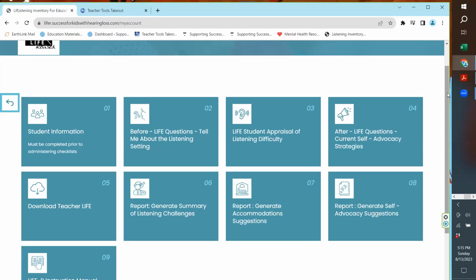I think that it is very valid to use the Listening Inventory for Education Revised as a functional assessment to look at and try to answer the question, is there an adverse educational impact based on that student's hearing ability when learning in the classroom?